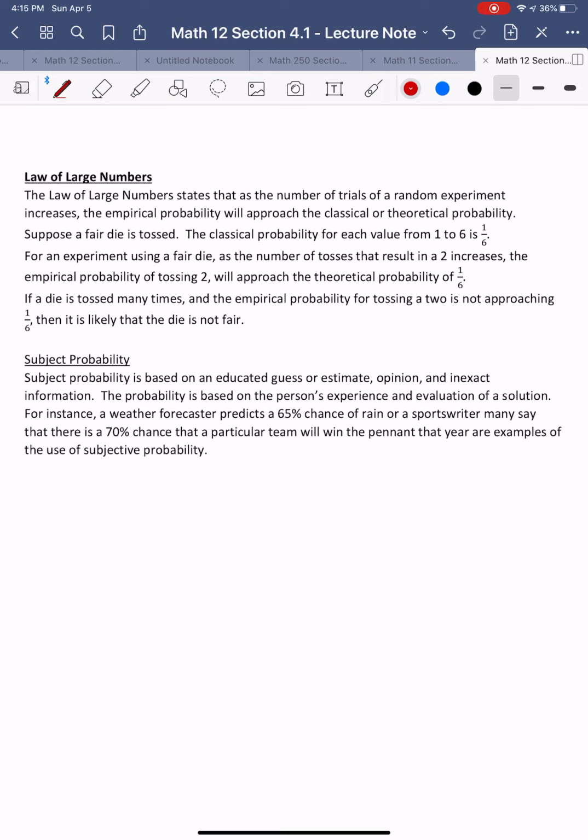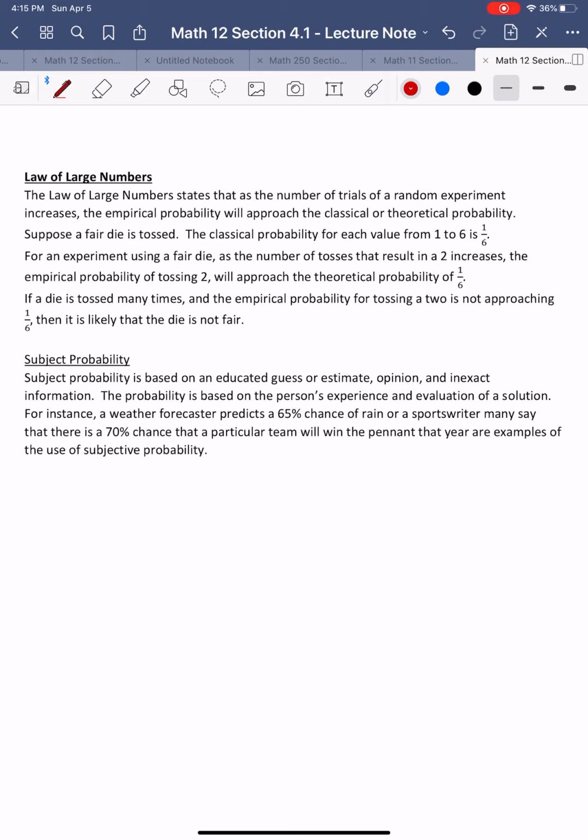If a die is tossed many times and the empirical probability of tossing a 2 is not approaching 1/6, then likely the die is not fair. Subjective probability is based on an educated guess or estimate, opinion, and not exact information. The probability is based on the person's experience and evaluation of the situation.